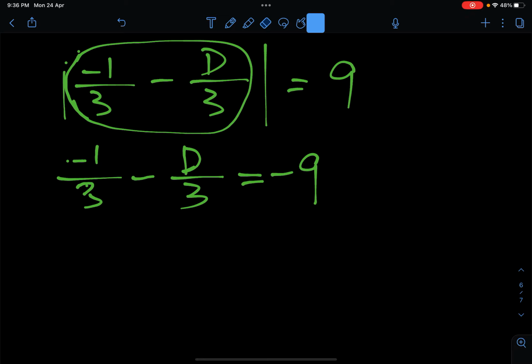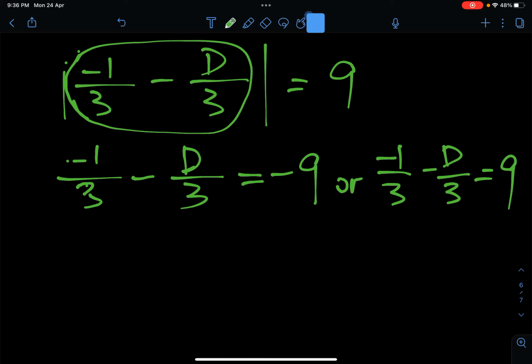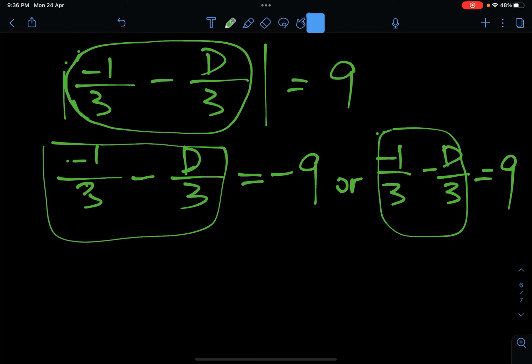So whenever you have a mod, you will have two answers. Either this is negative 9, or this is 9. When this is 9, the mod of this is 9, and when this is negative 9, the mod of this is also 9. So this is how you open up the mod.